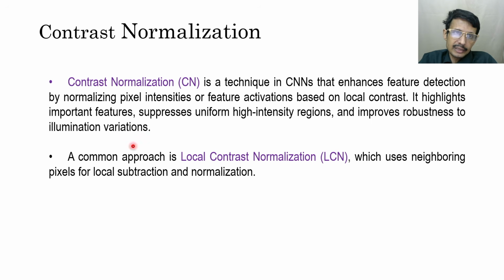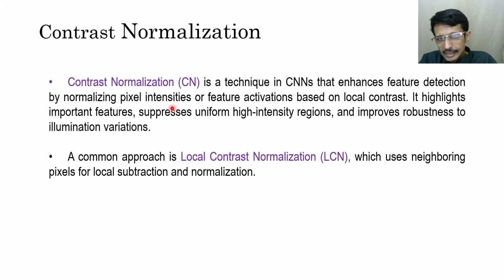The next thing is contrast normalization. Contrast normalization is a technique in CNNs that enhances feature detection by normalizing pixel intensities or feature activations based on local contrast. It highlights the important features, suppresses uniform high-intensity regions, and improves robustness to illumination.